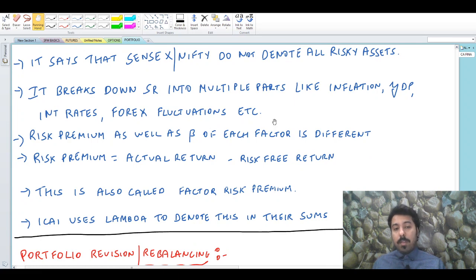Okay, so systematic risk is beta. Beta captures the relation between stock and the index market, Nifty Sensex, right? But APT says that index does not denote all risky assets. So we split the beta into individual risky assets like inflation, GDP, interest rate, forex fluctuation. Risk premium as well as beta of each factor is different, obviously.